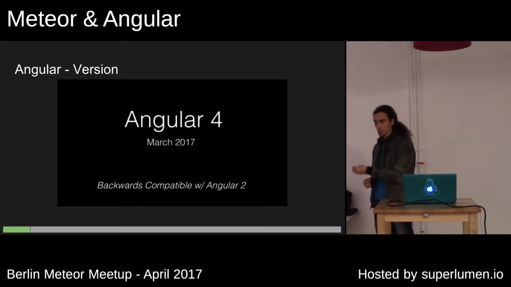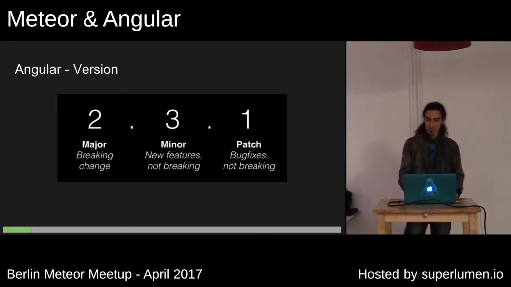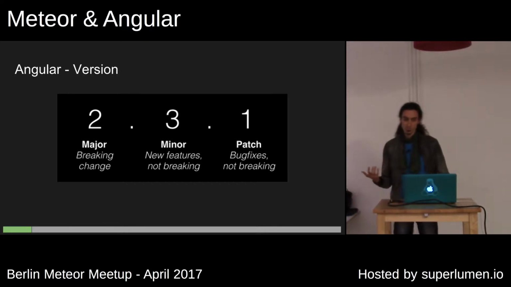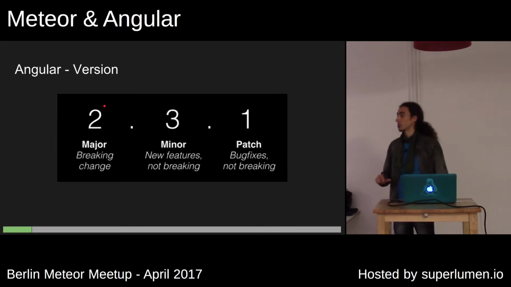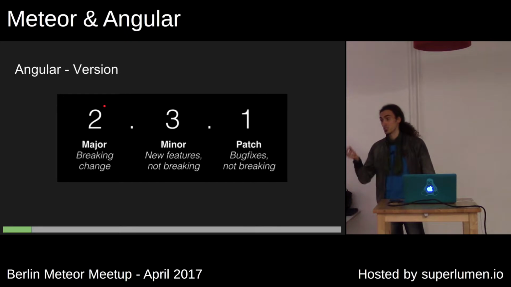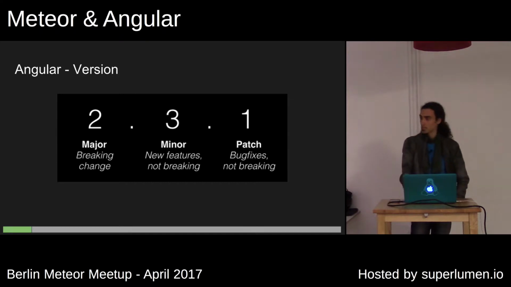That's not true in the future, because they shifted to semantic versioning, meaning that whenever there's a major change, they will up the major version. It doesn't mean that they have rewritten the whole framework. It means just that something is not compatible with what they had before. And that can happen. And that's intended even.